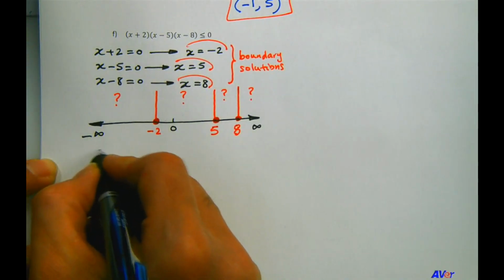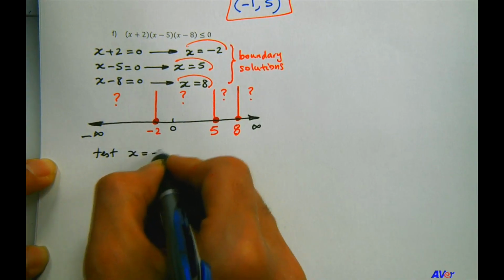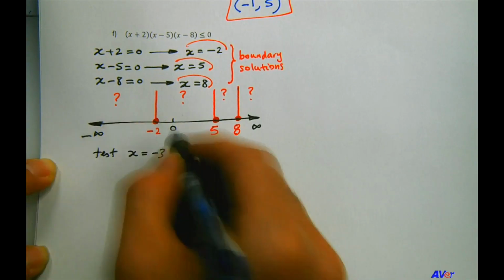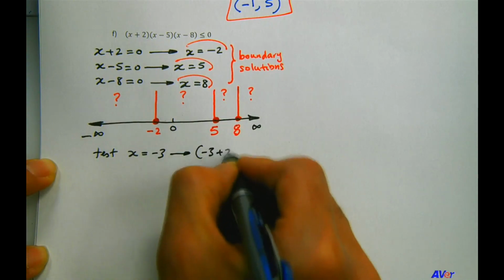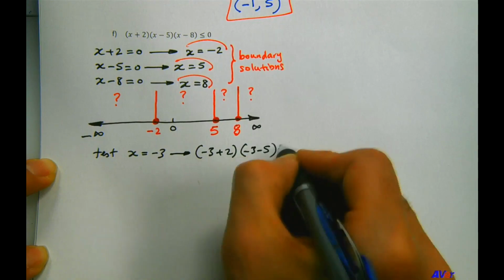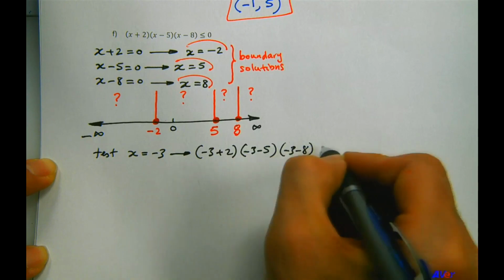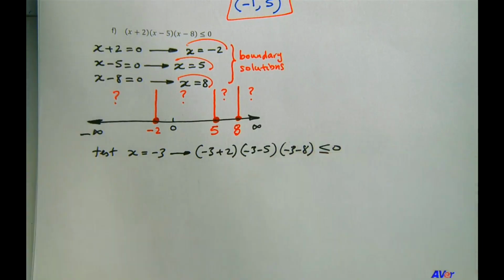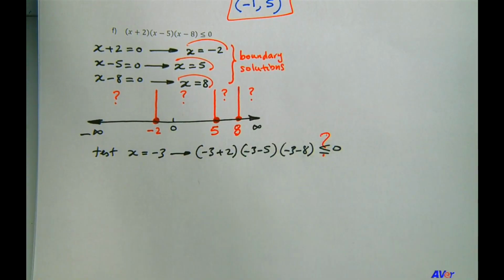So we have test x equals -3. That would be in this region, right? Then -3 plus 2 times -3 minus 5 times -3 minus 8. And we want to know if this is less than or equal to 0.